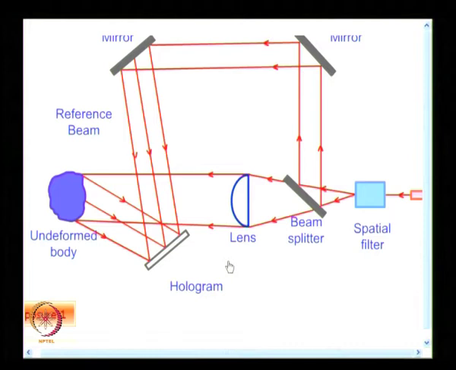So, what you have here is the laser light source, a spatial filter, and a beam splitter. The beam splitter sends one set of beam directly to the holographic plate, which you call the reference beam, and the necessity of a reference beam brings in the restriction of vibration isolation.